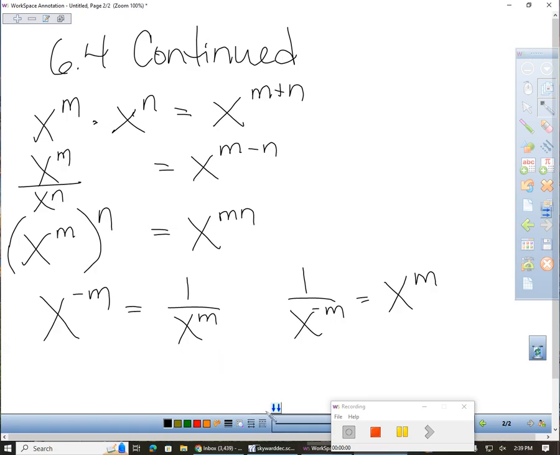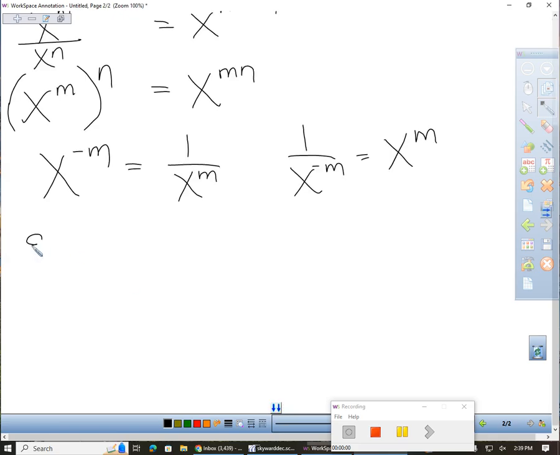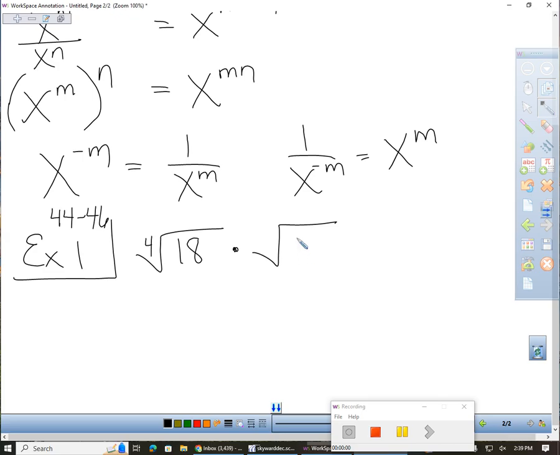Example number 1. This is from the first section, so the 44 and 46. So let's say I have the 4th root of 18 times the square root of 12.